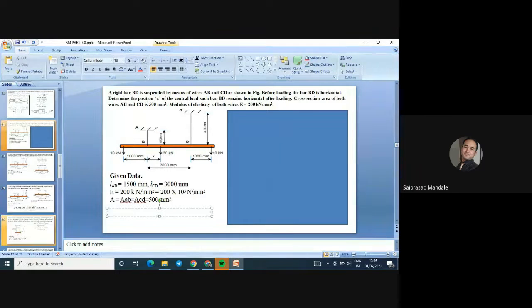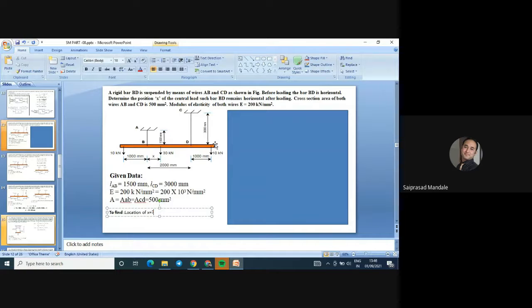Determine the position of X; the location of X is to be identified. So look at the figure, look at the loading diagram. Try to understand what we have to do, and then we will move ahead.